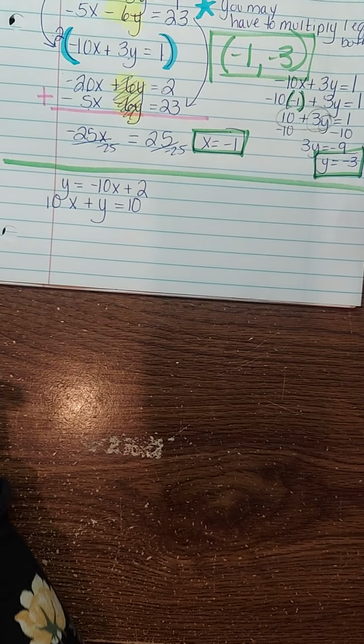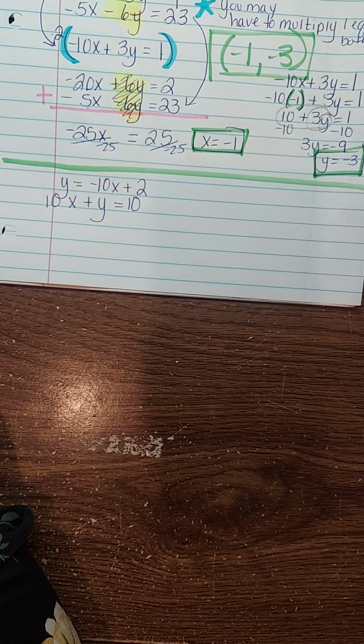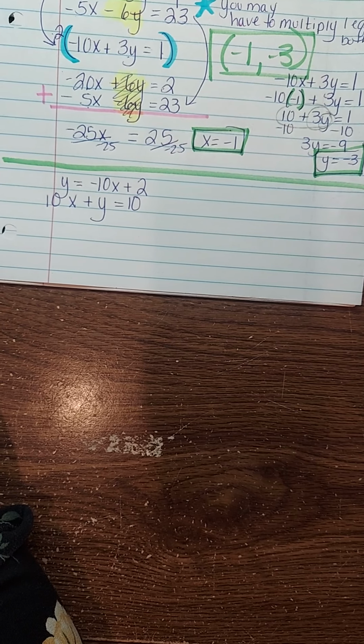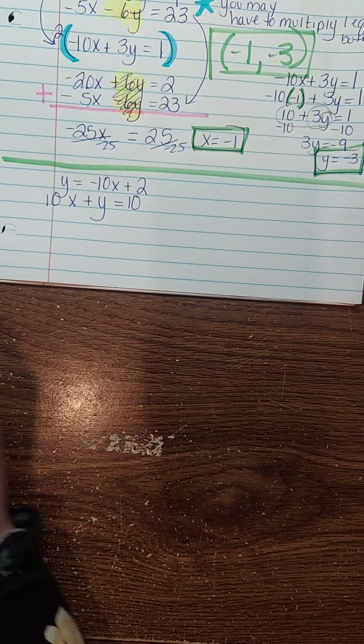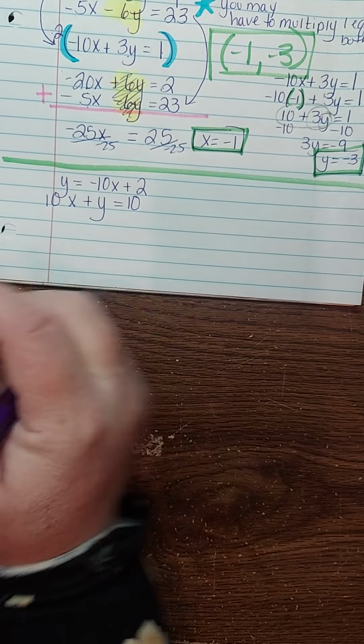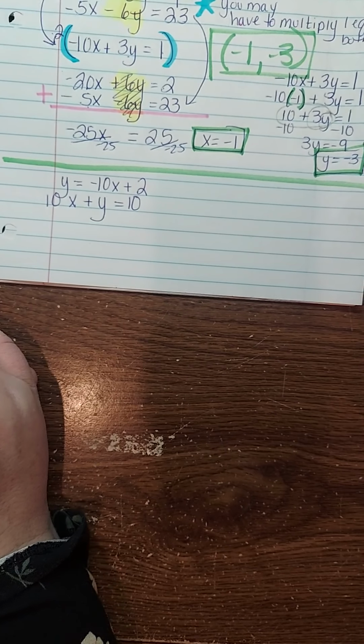Okay, last one. Whoa, wait a minute. Yikes. I don't really like that at all. In fact, this is not the same to be able to eliminate. In fact, this would be a great substitution, right?